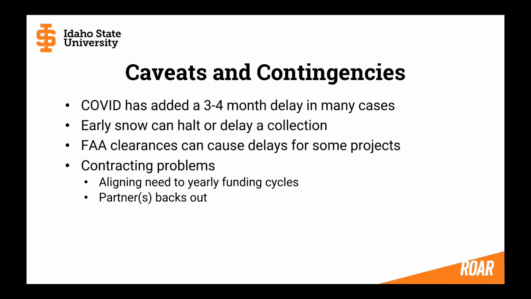In some areas, FAA clearances can cause delays. Very northern parts of Idaho might have that sort of problem. And there could also be some contracting problems. Aligning the need to the yearly funding cycles, that's normally not too much of a problem, I've heard. But also sometimes you have a partner who backs out, throwing a monkey wrench into the works.